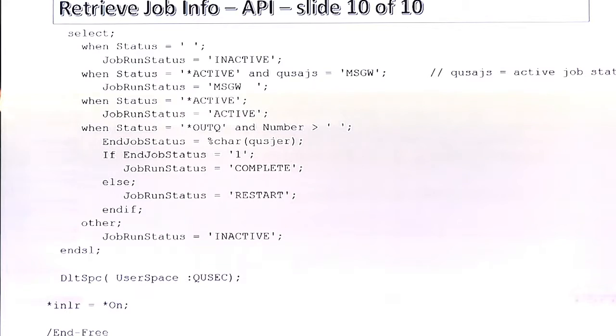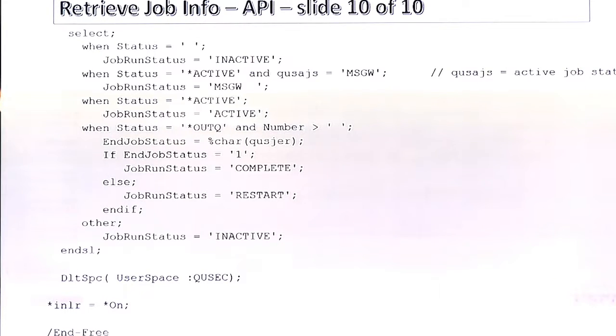It must be inactive. When the status is active and that job is in message wait, I got that from the 200 format. Okay? I'm going to make it message wait as my return.